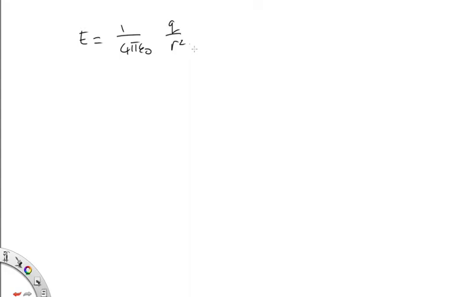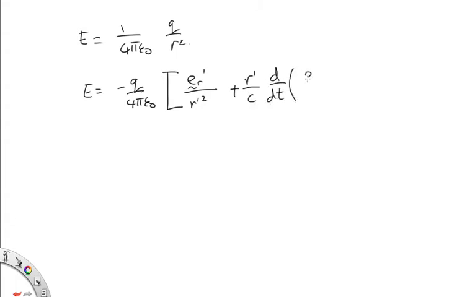If we want the real expression, the electric field is equal to minus q over 4 pi epsilon naught times e_r' over r' squared plus r' over c d/dt of e_r' over r' squared plus 1 over c squared d squared/dt squared of e_r'.